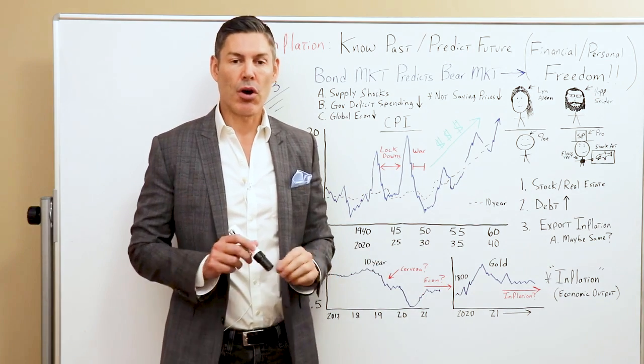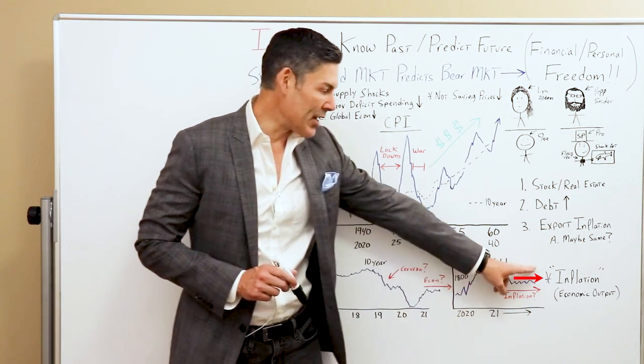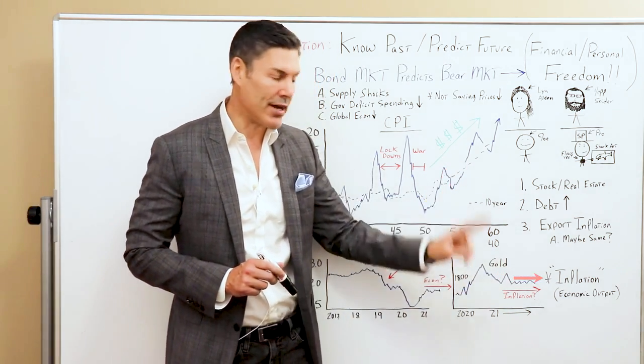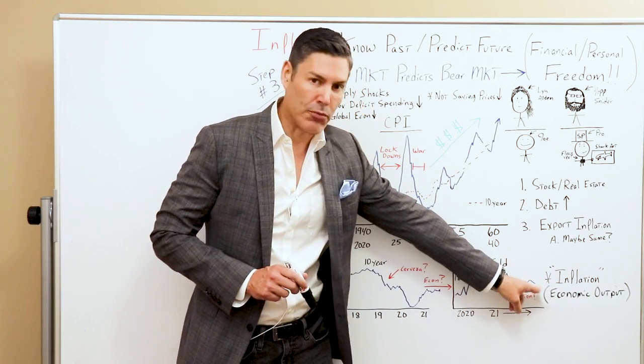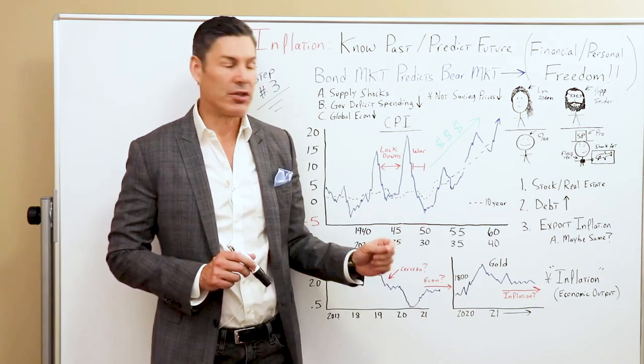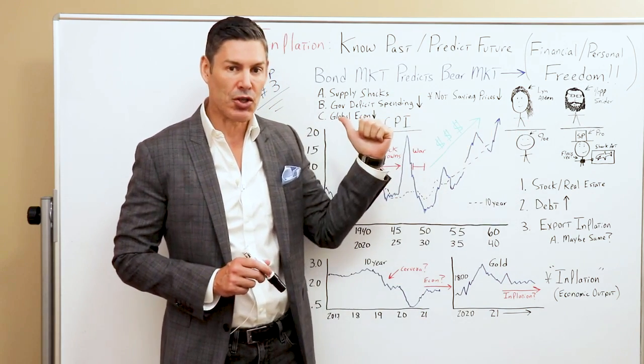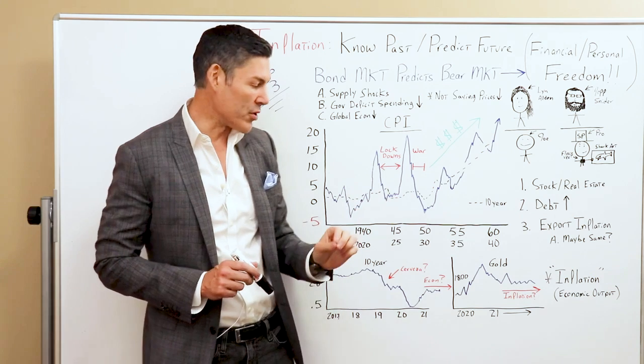And just to make sure we're all on the same page, for this step, let's look at inflation through the lens of economic output or economic activity. This is very consistent with Jeff Snider's view that we went over in step number 2. I'm going to explain this more in just a moment.